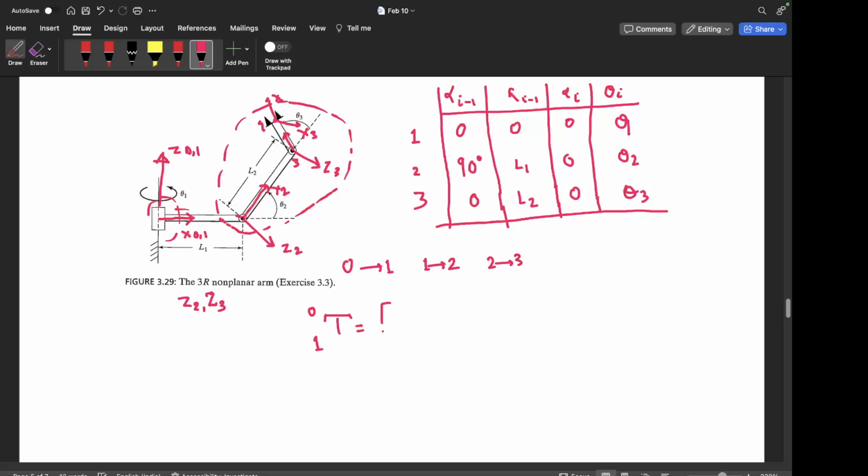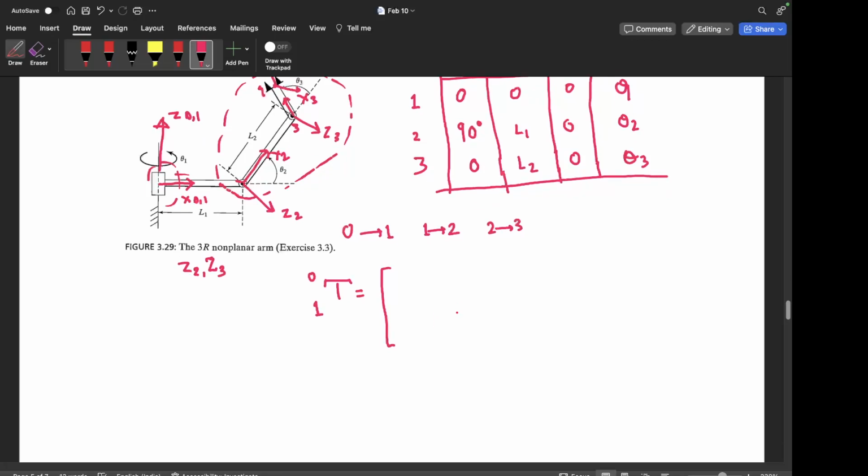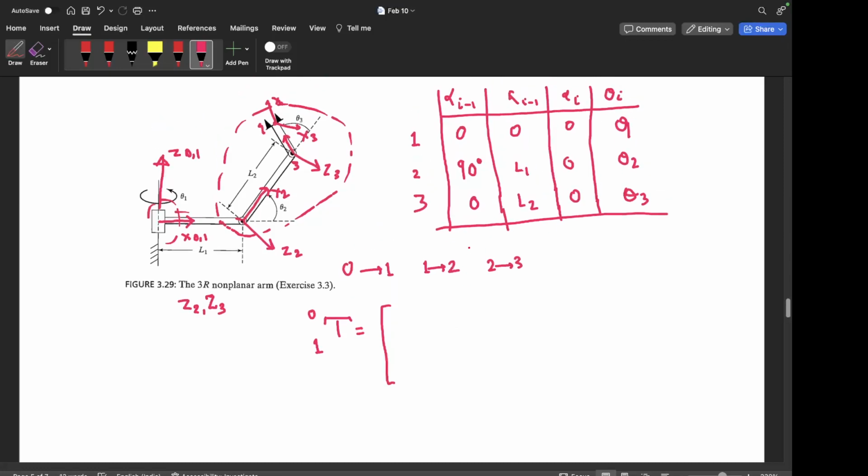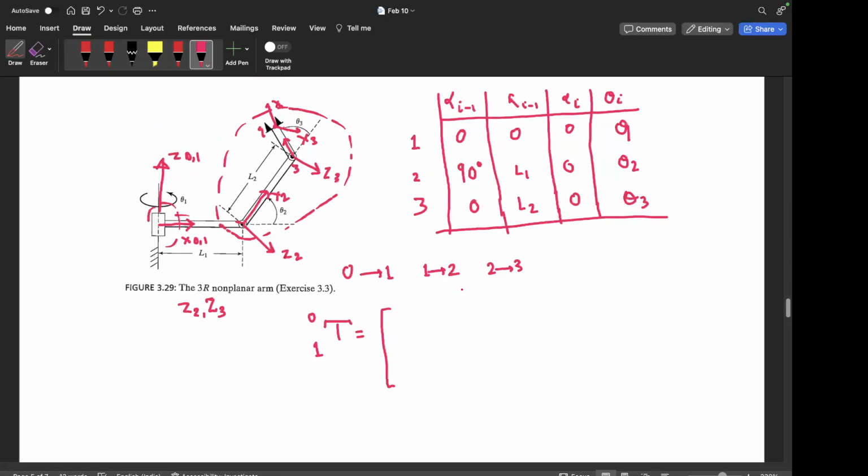Now you can recall the huge formulae and write using that, but since this is quite a simple case, you can again write it from your understanding also.